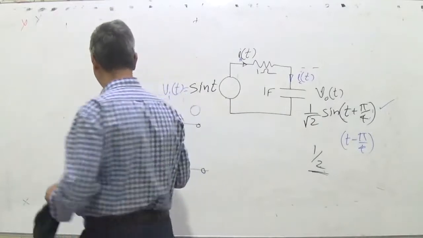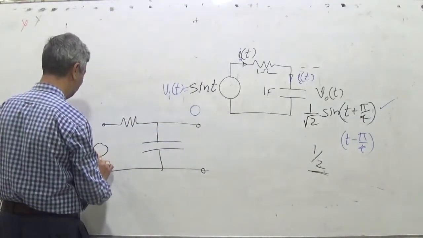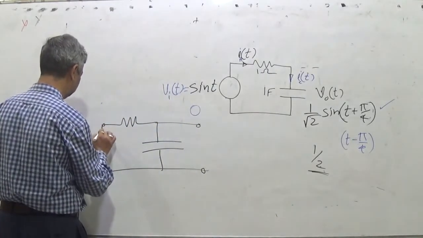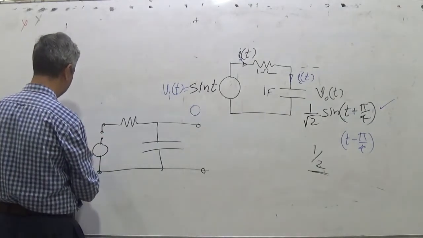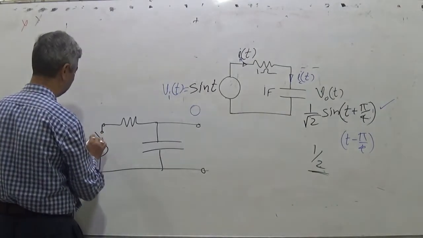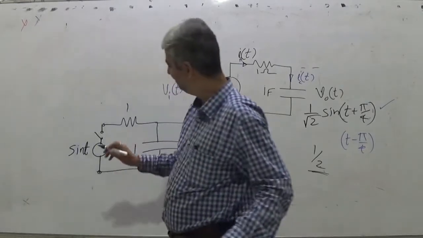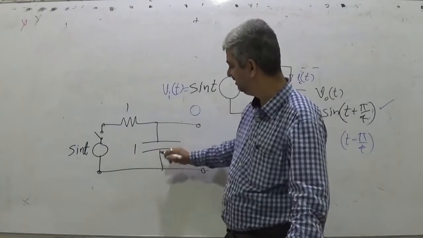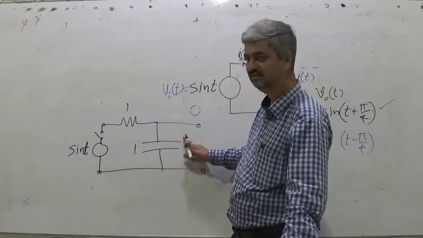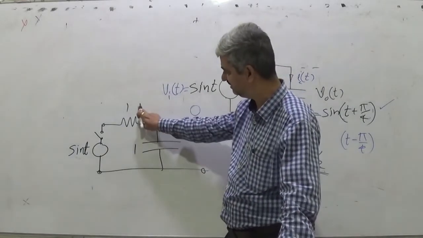Now if I have Vin as sin t, this is 1 and this is 1. The capacitor is initially discharged. There is no charge across the capacitor, the resistor is there.